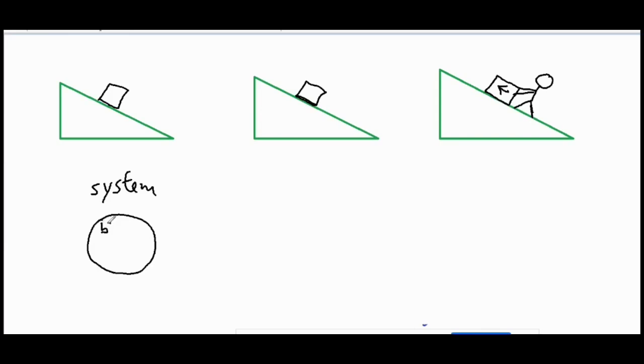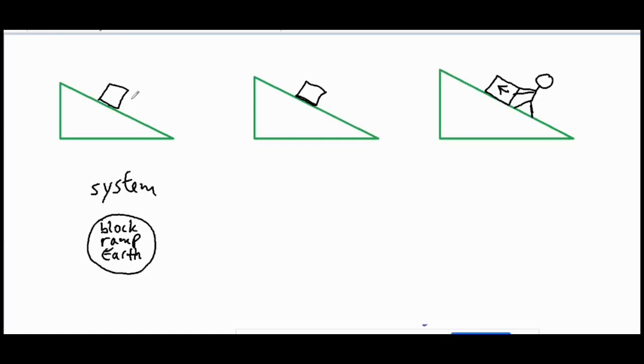So in our system, we are going to have the block, the ramp, and then also the earth. Although you normally don't really pay attention to the earth because you don't see it directly in the problem, the earth is going to be definitely involved because the force of gravity comes from the earth, so you wouldn't have any gravitational potential energy without it.